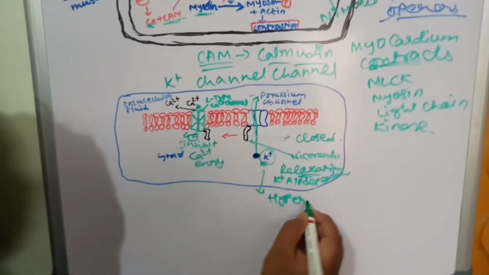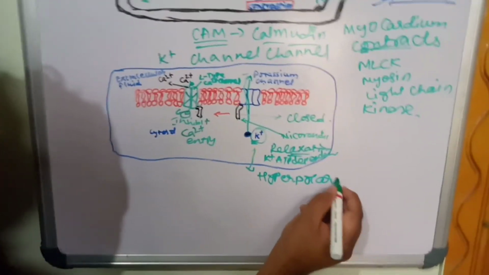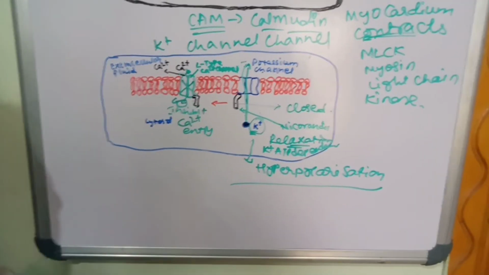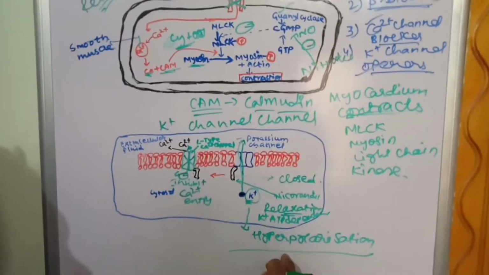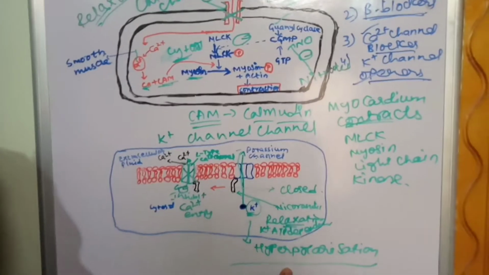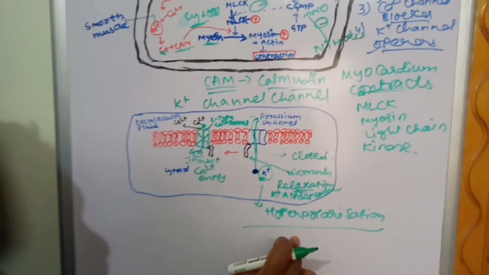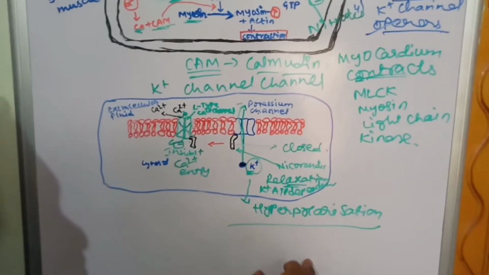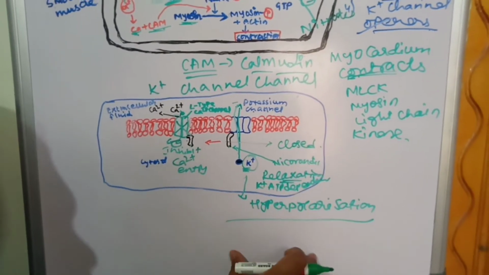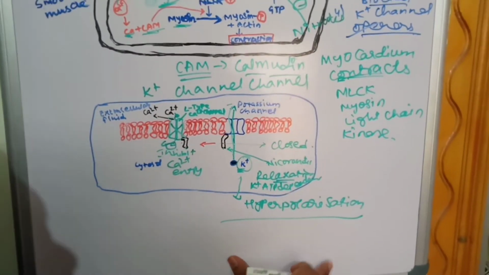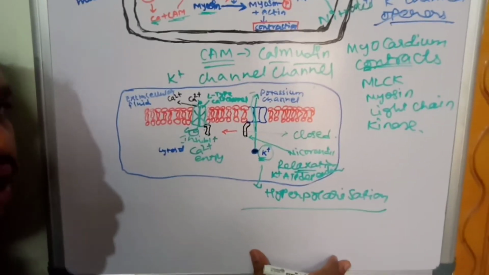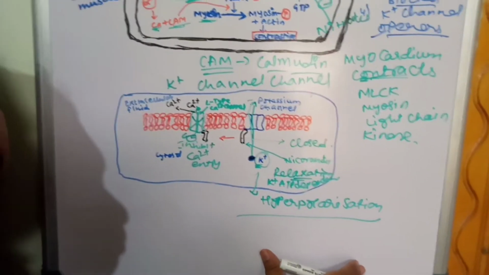You know very well what hyperpolarization is, so I won't go into much detail. Now an increase in polarization takes place. Membrane hyperpolarization in turn causes relaxation of smooth muscle. Thereby it will act as an antianginal. It will reduce the chest pain, it will reduce the angina pectoris.